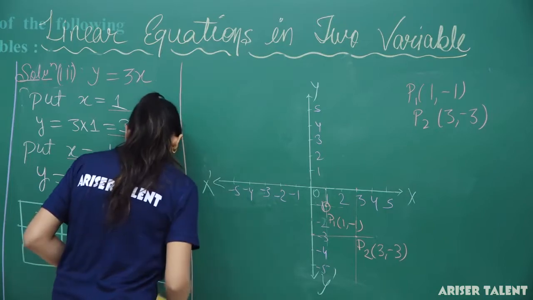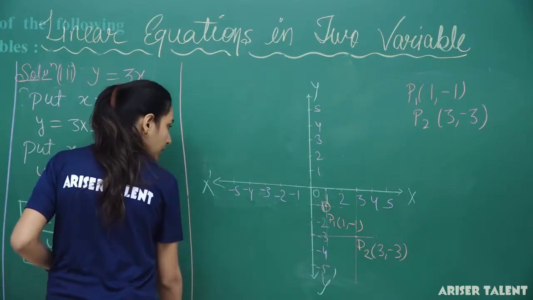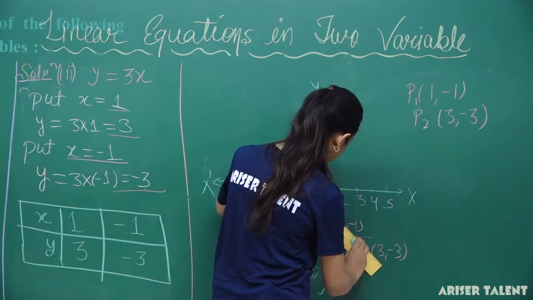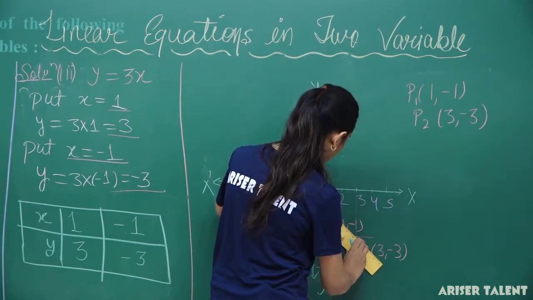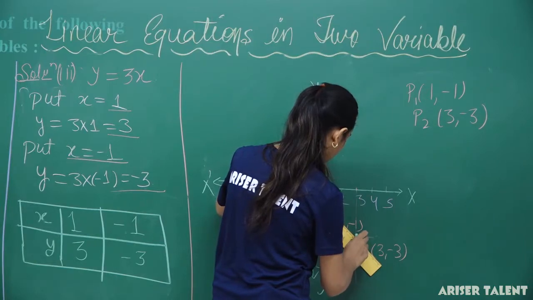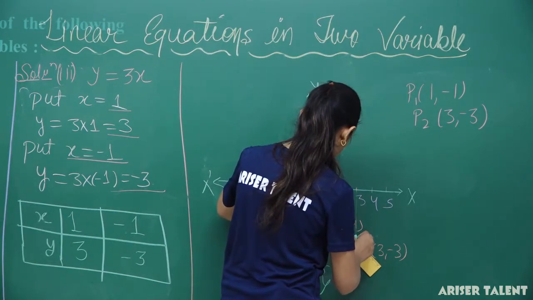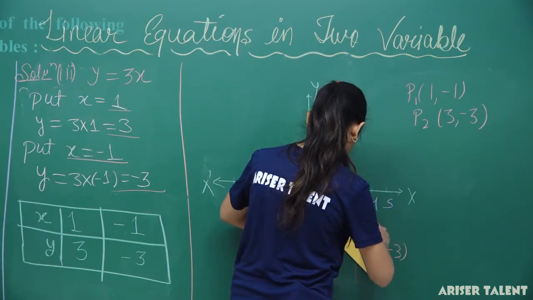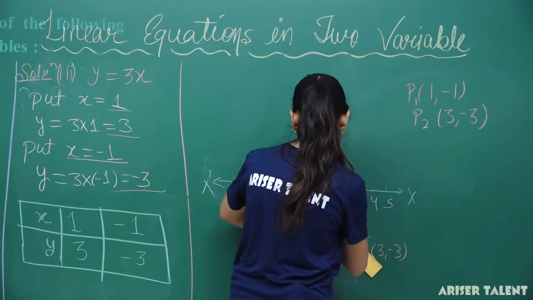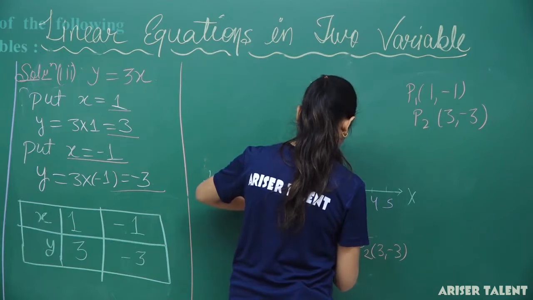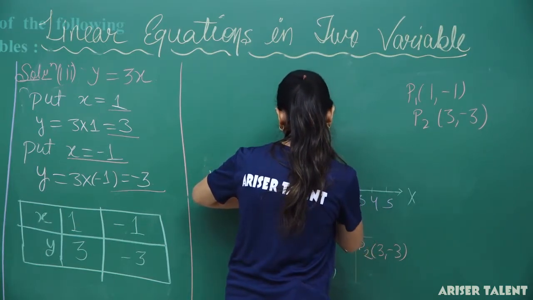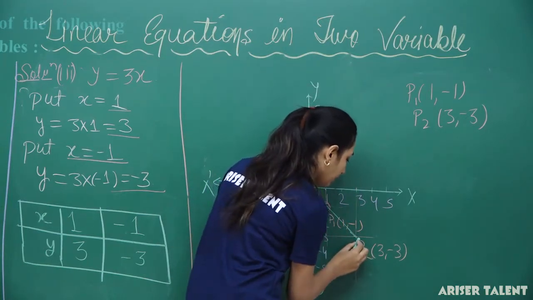Now what you have to do is meet these points, right? The points are 3, minus 3 and 1, minus 1. So we will be having this point, and that will be your line.